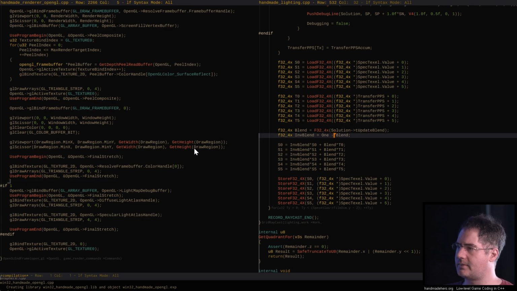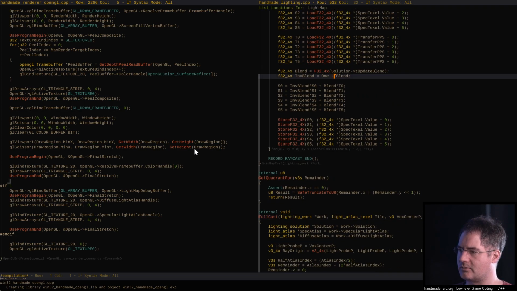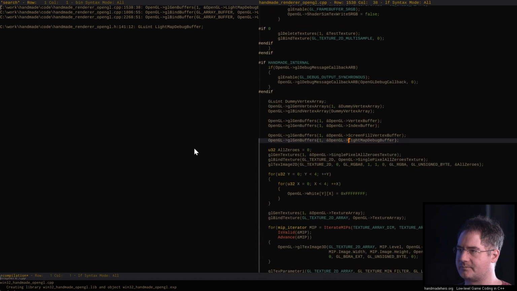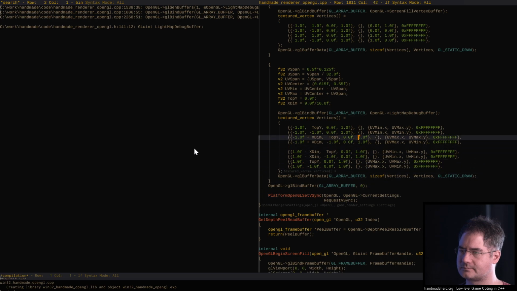The light map debug buffer. Let's take a look at what we're putting in there, because I think the light map debug buffer basically gets some garbage values put in it. Yeah, you can see here for filtering out, looking at particular textures. So we could definitely change these values to something else to look at.